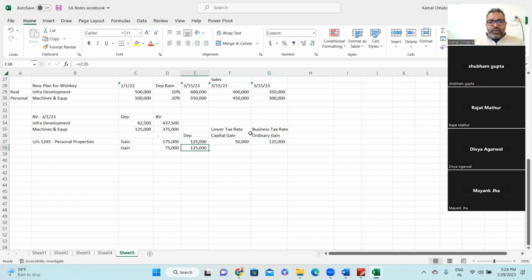Now, in this scenario, you have a gain of 75,000, but you have depreciation of 125,000. So here, the capital gain will be 0, and the entire 75,000 will be taxed as ordinary gain. Makes sense?